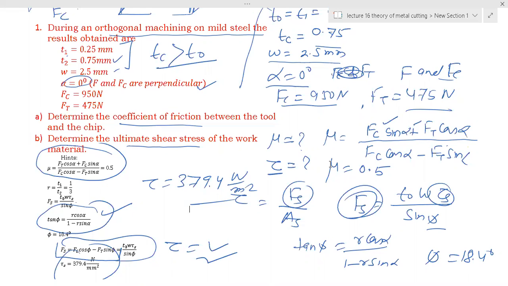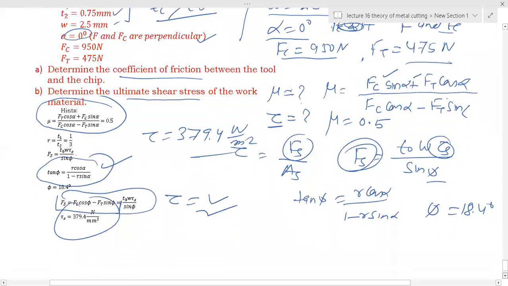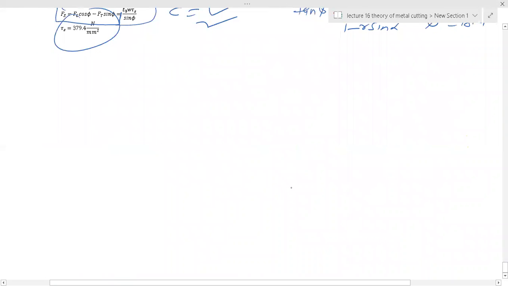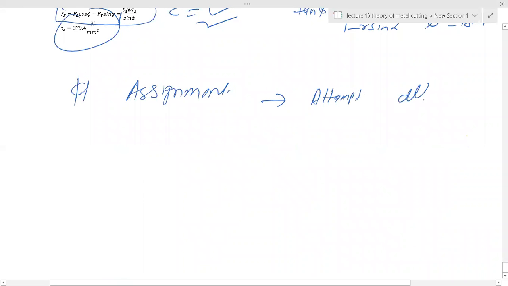So I request you all, first you have to solve these 9 questions. So you have homework, I will discuss only doubts. Homework or assignment: attempt all 9 questions of the notes.